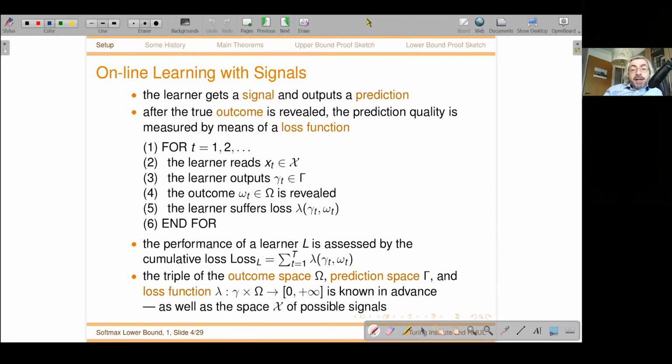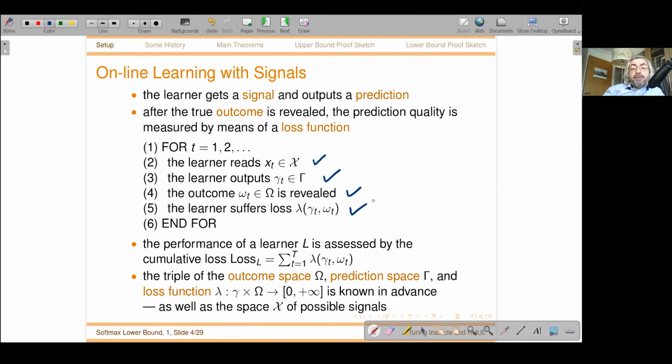Then the true outcome is revealed, and the quality of the prediction is assessed by a loss function. So here is the description of the protocol. On every step, we get a signal, then we produce a prediction, then we see the true outcome and suffer loss due to discrepancy between prediction and outcome.